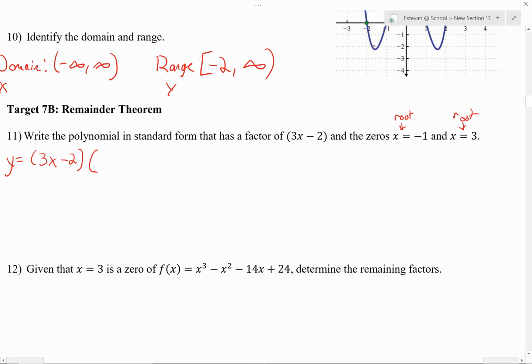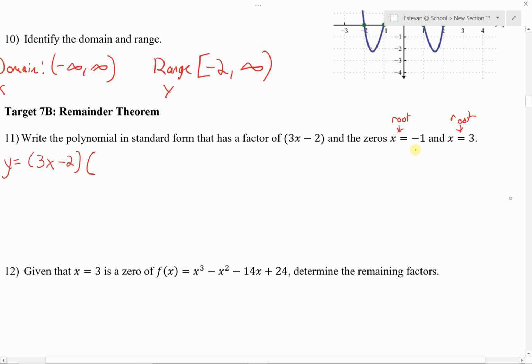Other words for roots could be zeros or solutions. We have to turn the root into a factor form. All you have to do is just do the opposite, +1 on both sides. That will cancel, leaving you with an x plus 1. Here, subtract 3 from both sides. That will cancel, and we get an x minus 3. So I'm just attaching them next to each other.